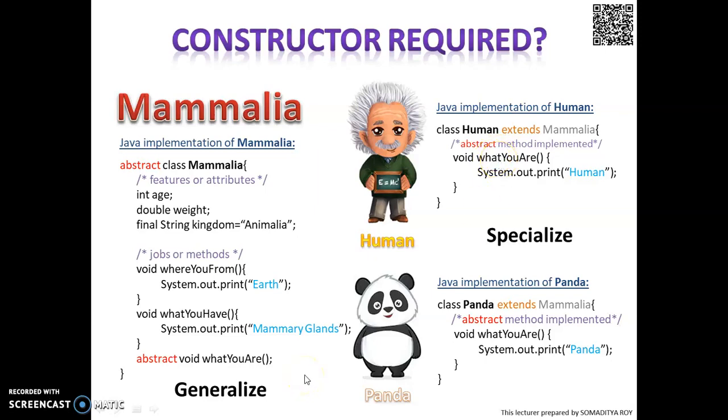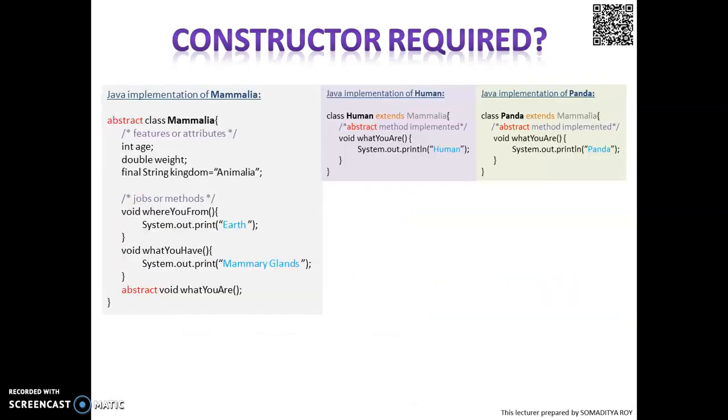So that is also a requirement or advantage of the abstract class. Now, still, why do we require a constructor? We know we require a constructor to initialize an object.